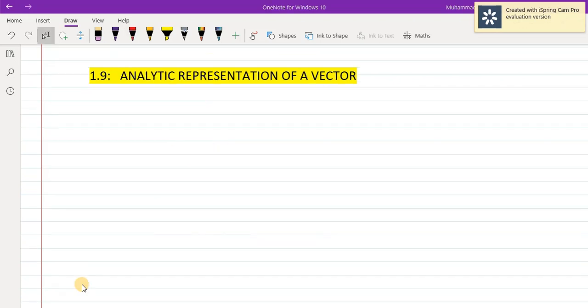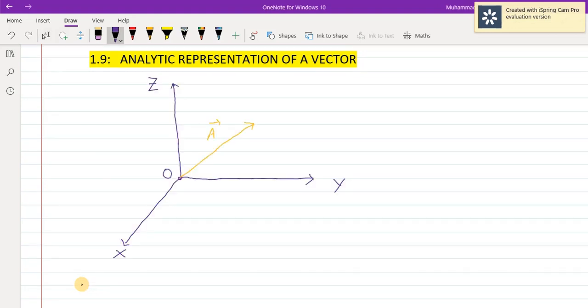Our new topic is analytic representation of a vector. Let A be a vector with initial point at origin. Consider the coordinates of point P are A1, A2 and A3. This P is terminal point of vector A while O is its initial point.